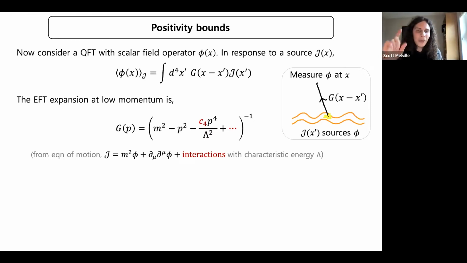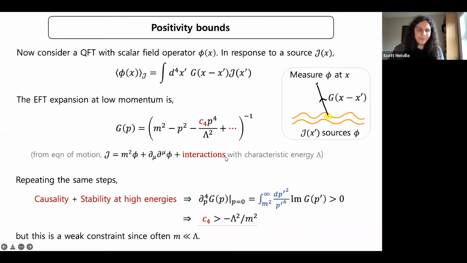However, when you're at very low momenta, if you go to momentum space, then you can do the same effective field theory expansion, right? You imagine that the interactions have some characteristic energy lambda, and as long as I'm at momenta much below that scale, then this Green's function has to just look like a Taylor series expansion. It can't look like anything else. Okay. So you can repeat exactly the same steps.